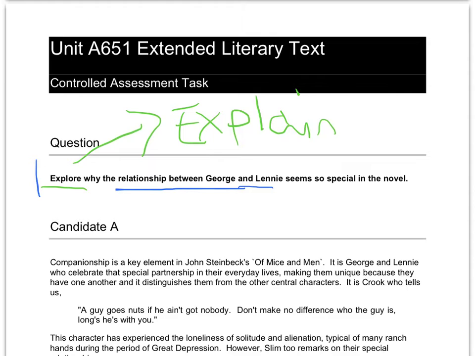And as I said, AO2 relates to how critically we can analyze the language of Steinbeck in relation to plot, setting, themes and characters. So characters are the thing they're giving you to do in this question.